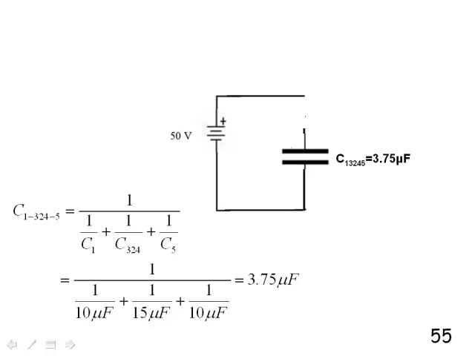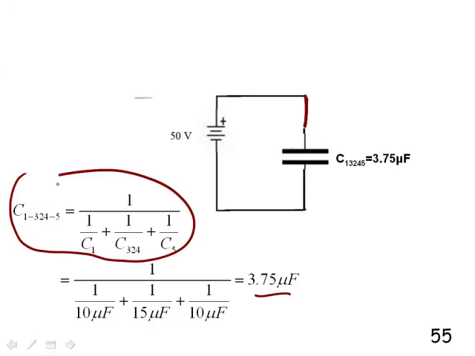So I'm going to replace these three elements with an equivalent capacitance that I calculate using the equation for equivalent capacitance. I'm going to call it C12345. Again, the order of the numbers isn't important, but I like to keep them organized a little bit.